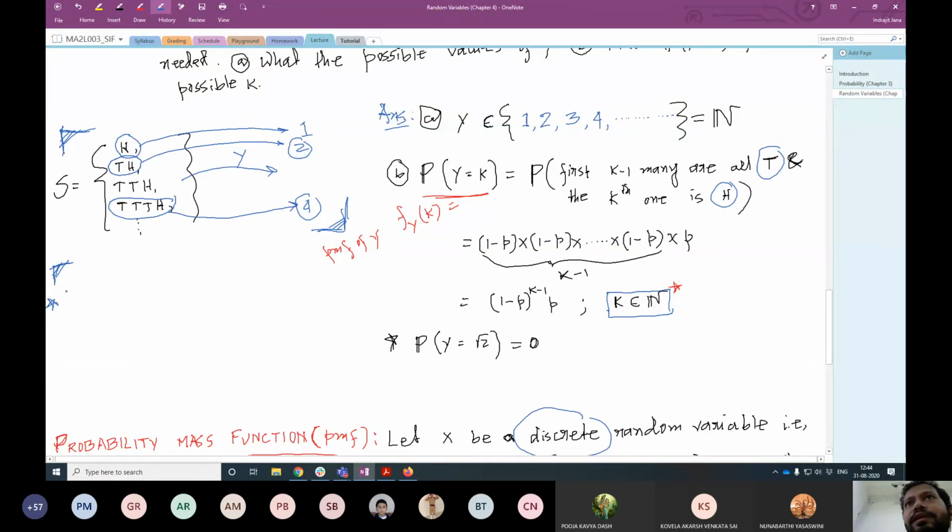So this model is for counting the number of trials to get the first success.